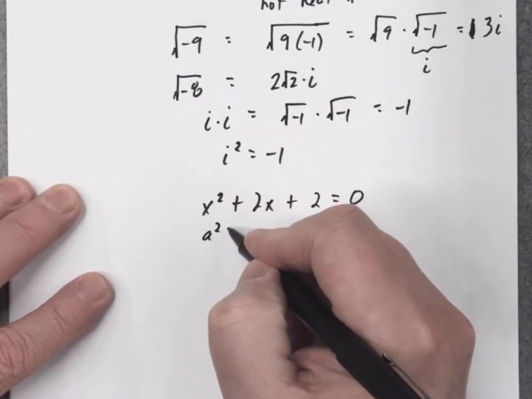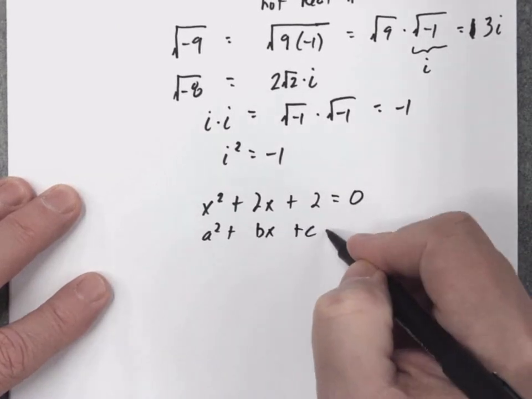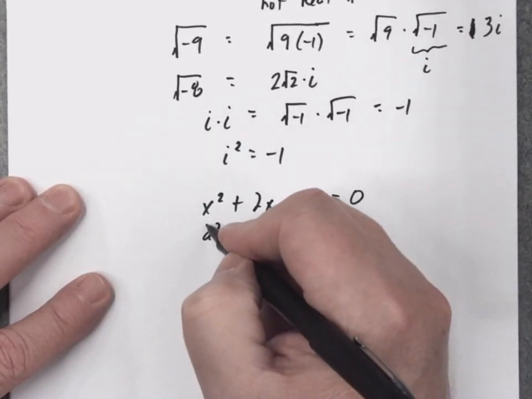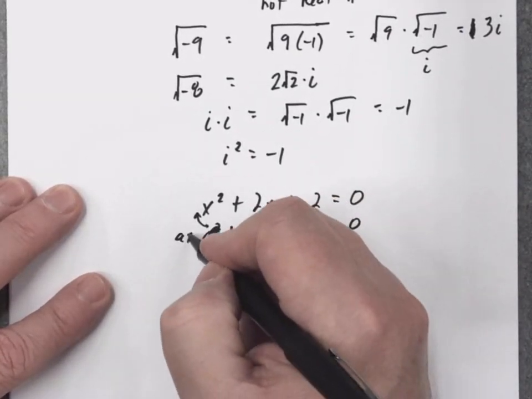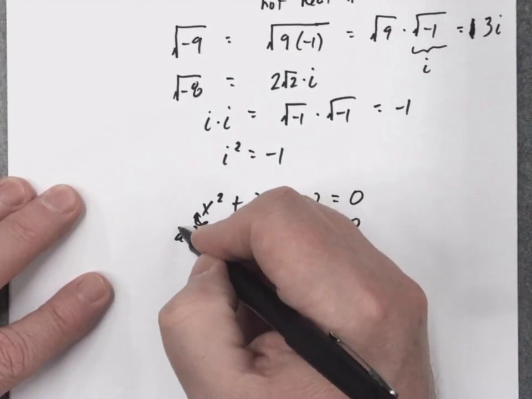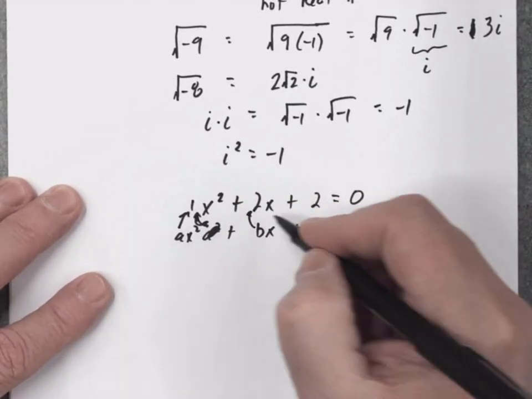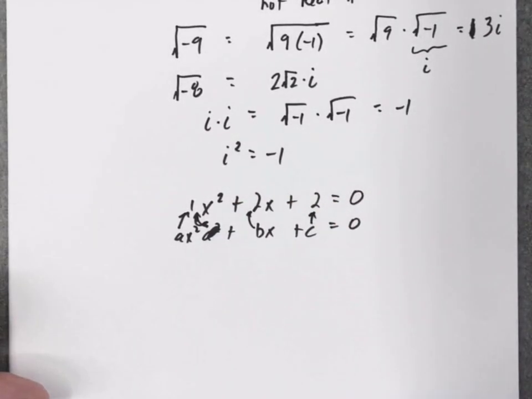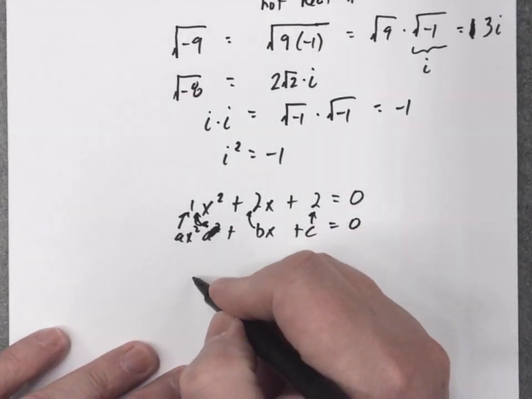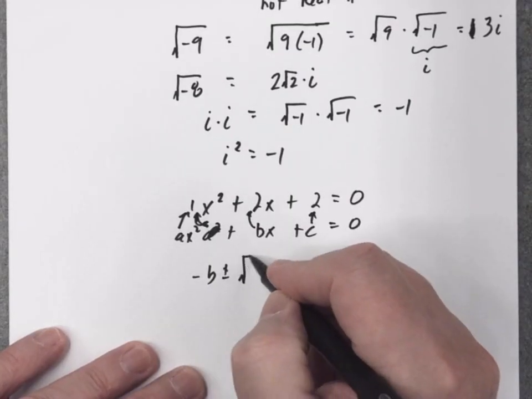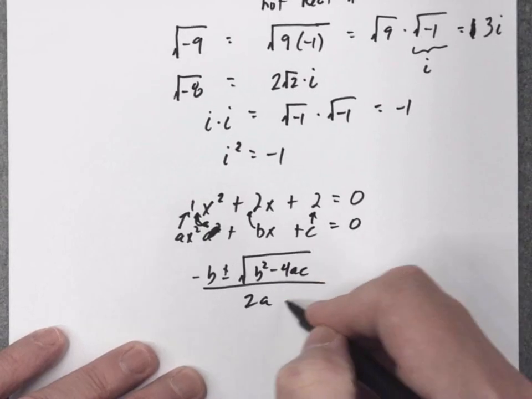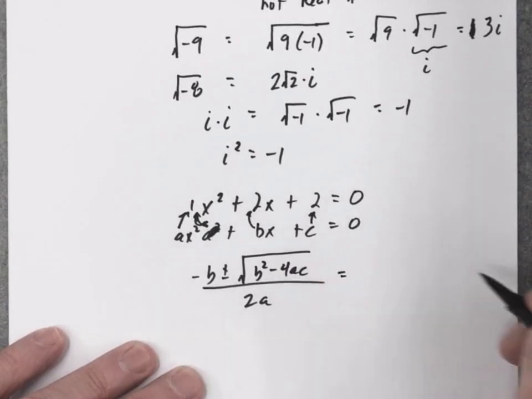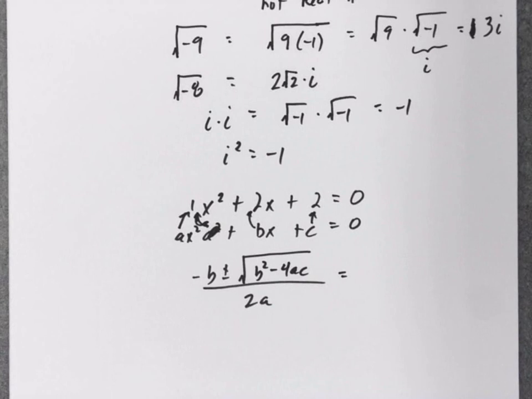In ax squared plus bx plus c, a would be 1, b would be 2, c would be 2. The quadratic formula is -b plus or minus the square root of b squared minus 4ac, over 2a. This is how to get the solutions to this equation.